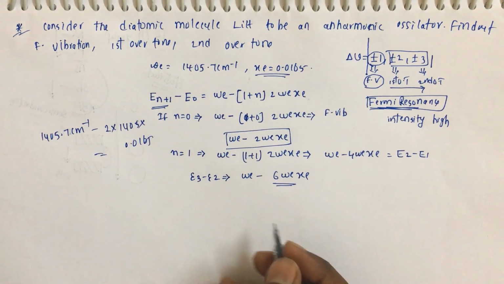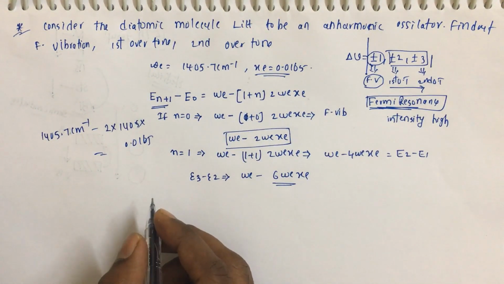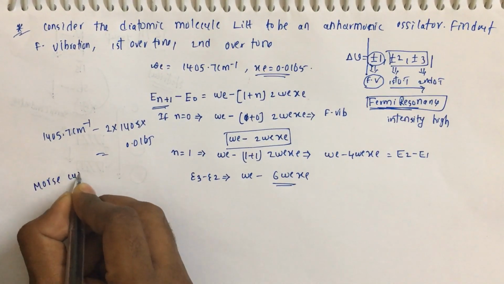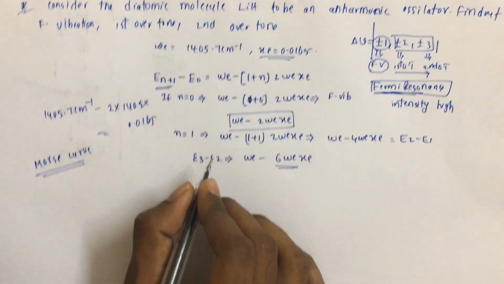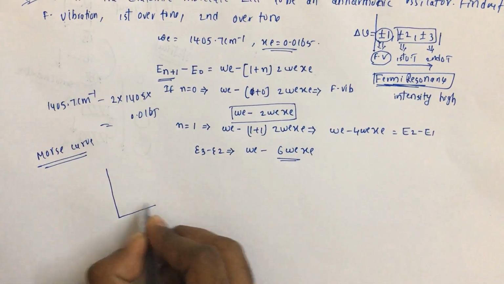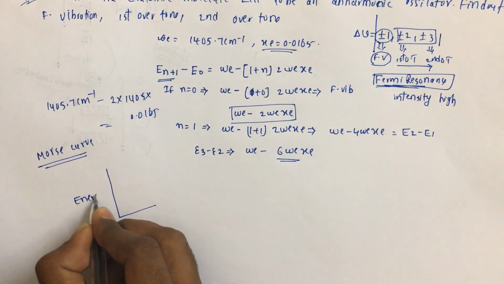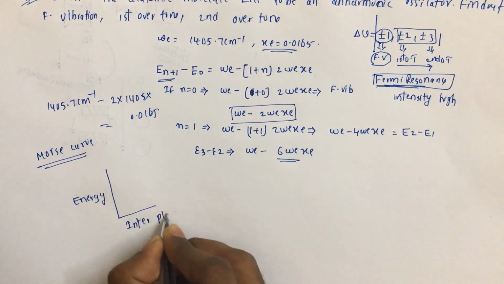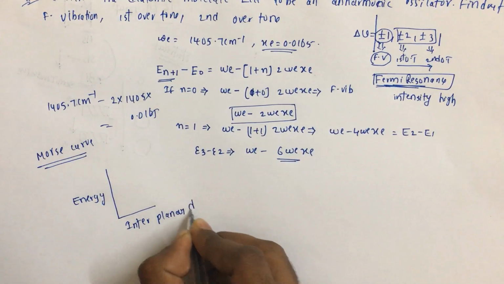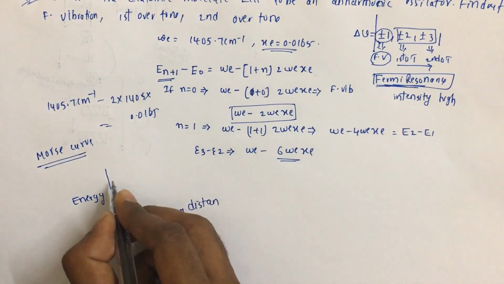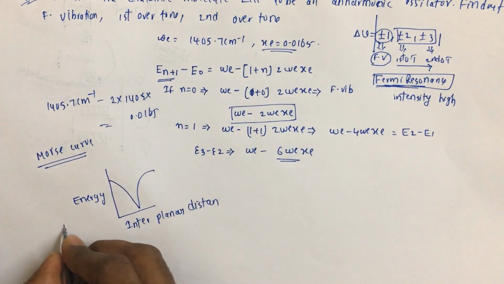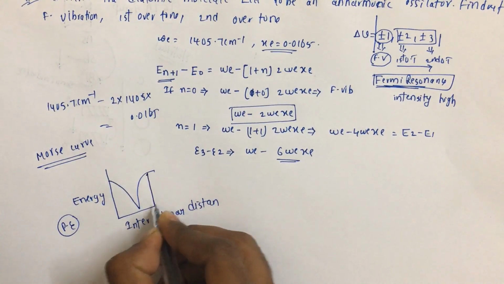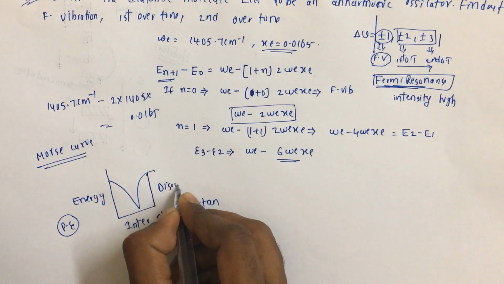Another thing is, we have to remember this Morse curve also. The Morse curve is the plot between energy and internuclear distance. It will be like this, and this explains the potential energy, and the difference between this and this is called the dissociation energy.